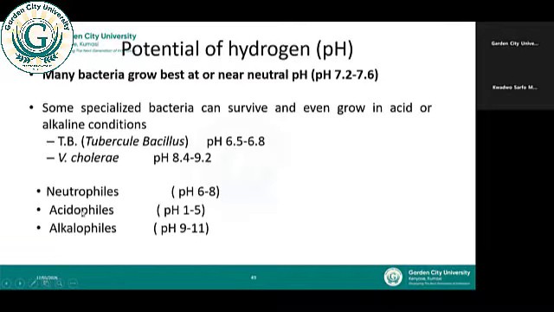We can classify some as acidophiles or acidophilic, those that grow in acidic environments, and those that grow in alkaline or basic environments, the alkalophiles or alkalophilic organisms, around 9 to 11.